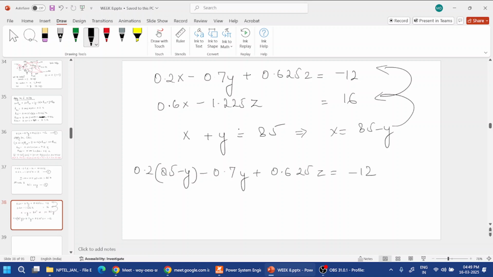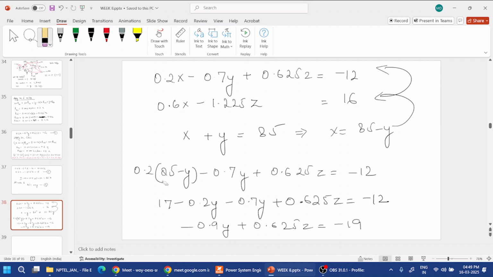So it will come out to be minus 0.9y plus 0.625z is equal to minus 19.